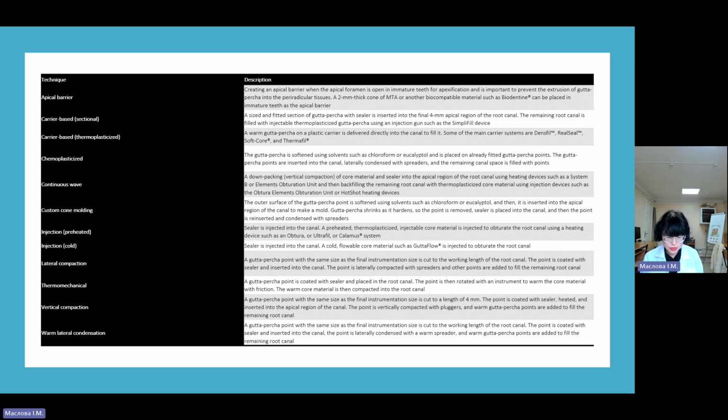GuttaFlow and GuttaFlow 2 consist of a small amount of gutta-percha in a capsulated form. The material is injected into a canal and then a single gutta-percha master cone is placed.